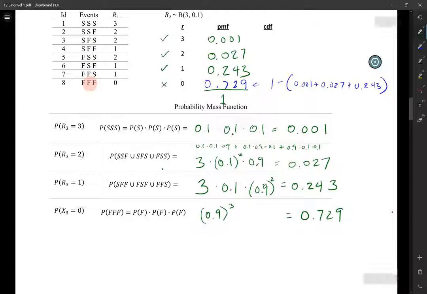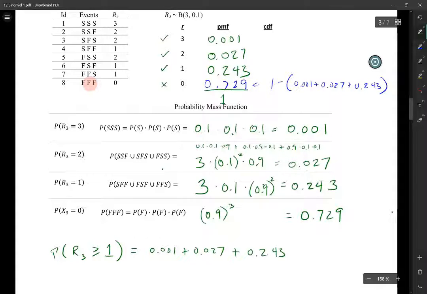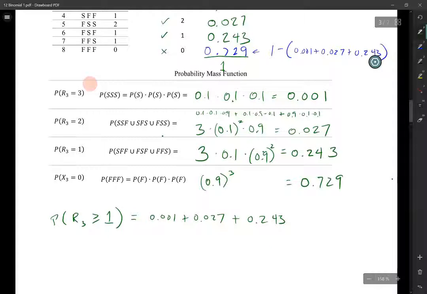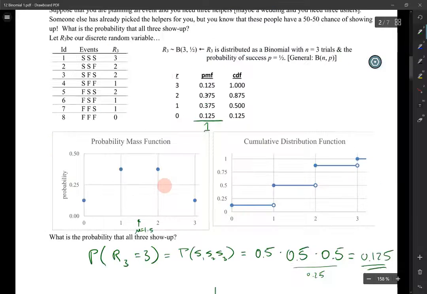So the probability that R3 is greater than or equal to 1 is equal to 0.001 plus 0.027 plus 0.243, and that's equal to, oh yeah, so this 2 is 0.70, and plus that is 0.701.